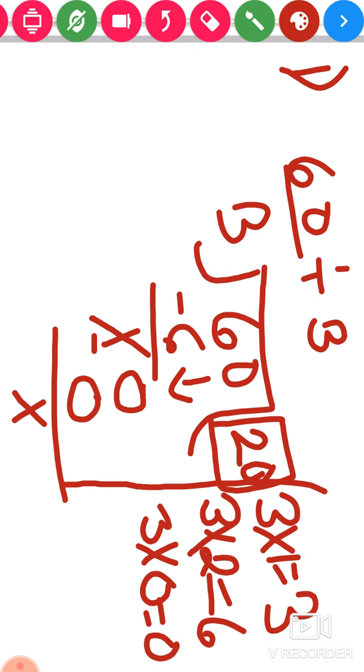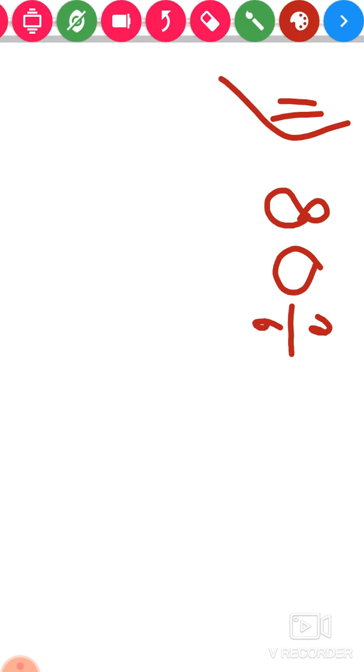This is your exercise 5.4, question number 1. Now based on the same question I am going to give you one more question. Do it yourself. This is just a practice question, okay? The question is 80 divided by 4.